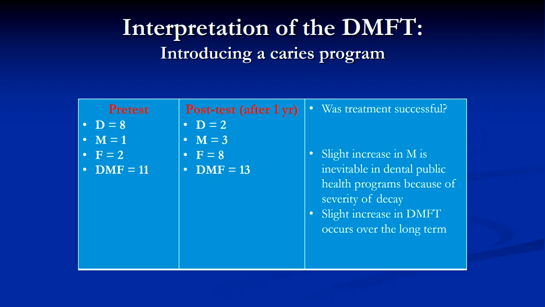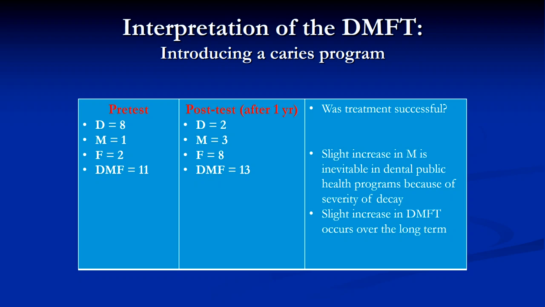So let's say we go out in the community and we do a DMFT. It's a very small community that we're looking at the DMFT on. And we gather data at the very beginning, and we notice that within this population, they have a D score of 8. They have a missing score of 1 and an F score of 2. So they have a total DMF score of 11 here.